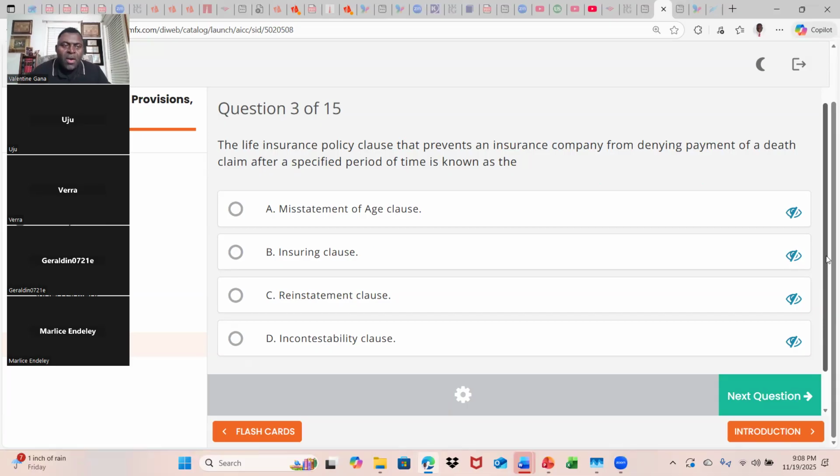Incontestability. The incontestability clause prevents an insurance company from denying payment of a death claim after a specified period of time. That is called the incontestability clause.